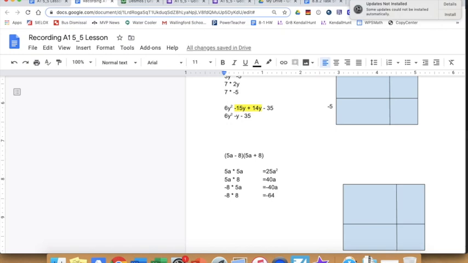So then when I combine these like terms, I get 25a squared plus 40a minus 40a minus 64. And then, okay, these are some like terms I can combine, and when I do that, 40a minus 40a gets me 0. So I've actually just got 25a squared minus 64.